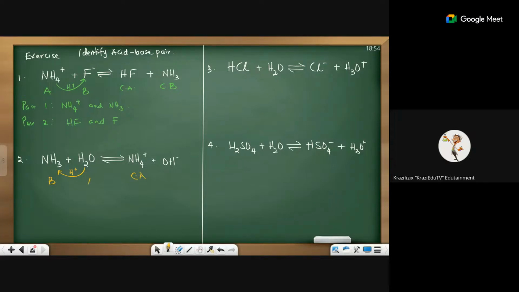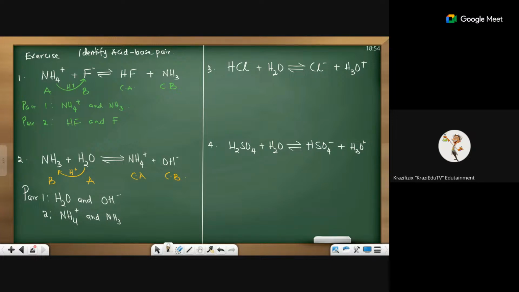The one that donates is an acid, and it becomes a conjugate what? Base. So what is my pair? Let's write the acid first. H2O and what? What's the base here? Hydroxide what? Ions. What is pair number one? That's one. Sorry, pair two, which one is my acid? Ammonium ion. And what's the base? Ammonia.